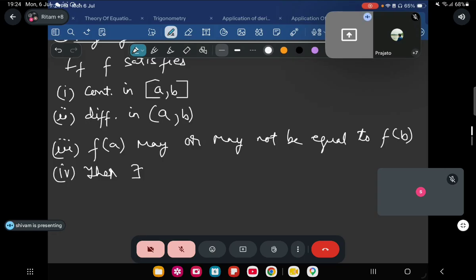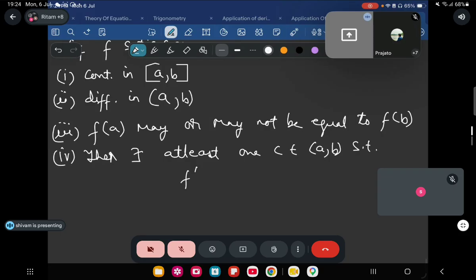Then there exists at least one c belongs to a comma b such that f dash c is equal to f of b minus f of a upon b minus a.